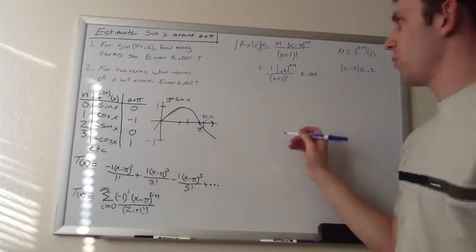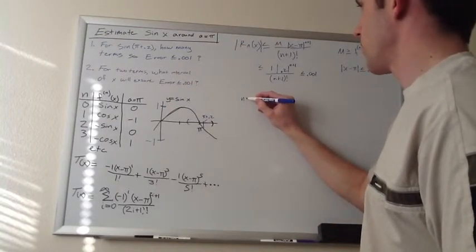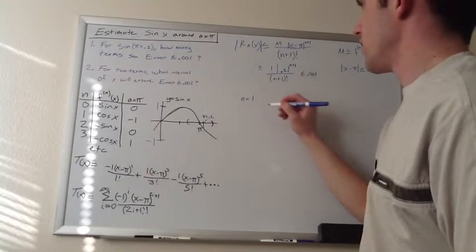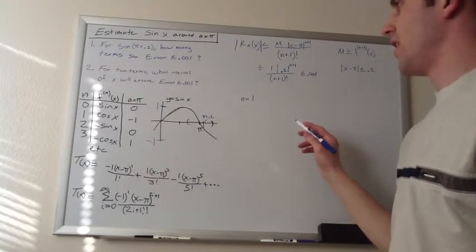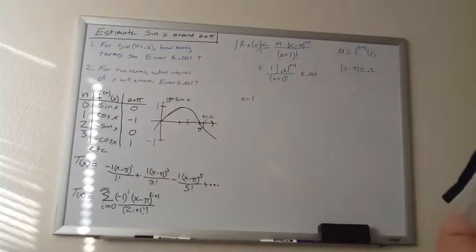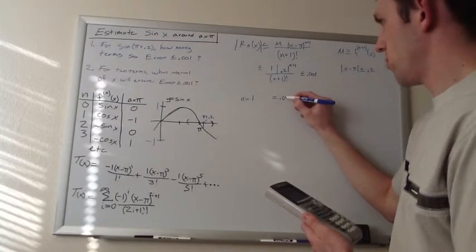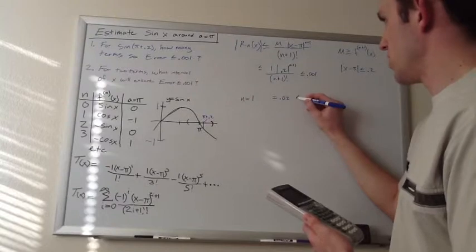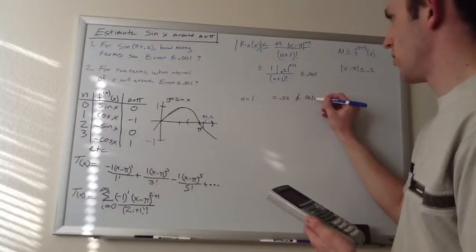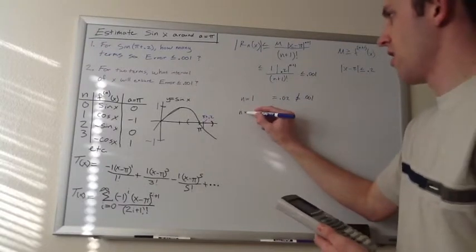Well, if we try a couple n values, such as 1, then we're going to get, I'll grab my calculator here, 0.02, which is not less than or equal to 0.001, so we'll keep going.